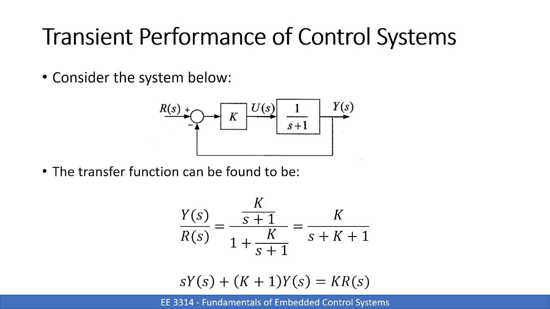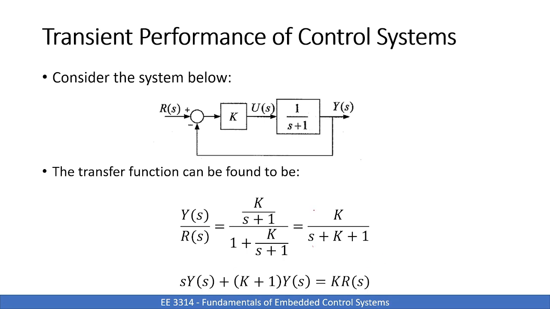So K over s plus 1 over 1 plus K over s plus 1, that's going to be the closed loop transfer function. Here we can use some algebra, multiply top and bottom by s plus 1, and get a little bit simpler transfer function here. All right, so we can cross multiply these out, and we get this in Laplace domain.